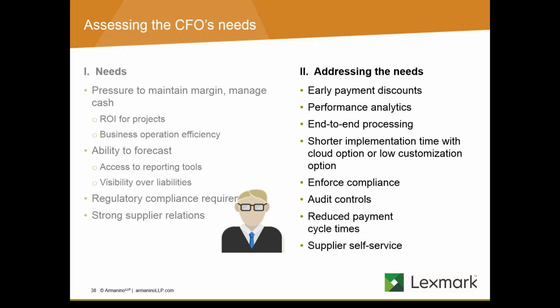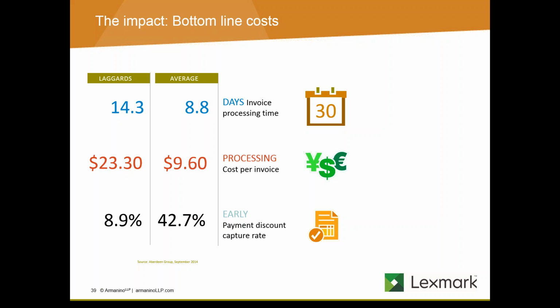It provides for a way of getting those early payment discounts. It provides for a way of providing reporting and audit control processing, as well as supplier self-service to really bring your suppliers into your business and make them a part of your chain of working relations all the way from the supplier down to your customer. Doing this addresses the CFO's needs and makes this very flexible.